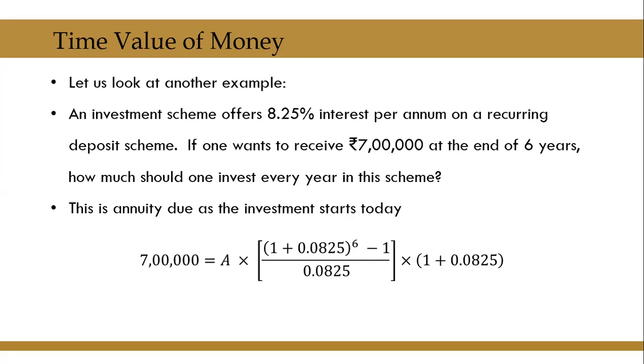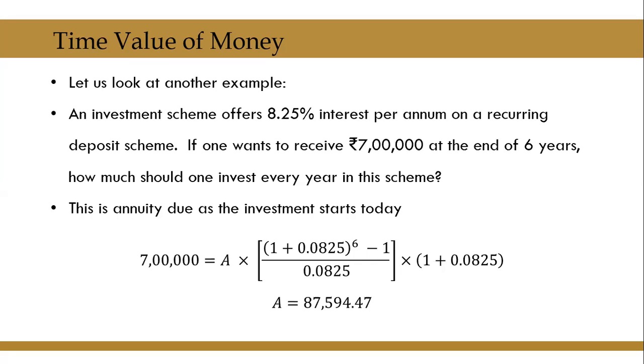If we solve this for A, that means we calculate this and solve this formula for A, we will find that the value of A is 87,594.47, which means if I invest 87,594.47 every year in the scheme for the next 6 years, at the end of 6 years, I will be able to withdraw 7 lakh rupees as maturity value of this deposit.